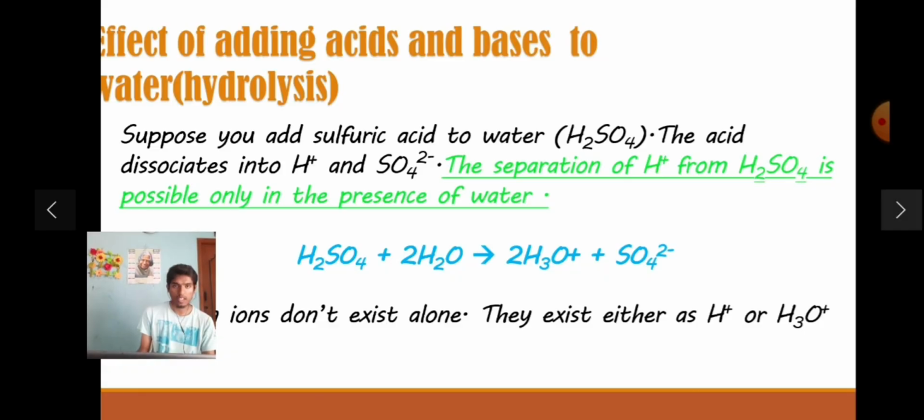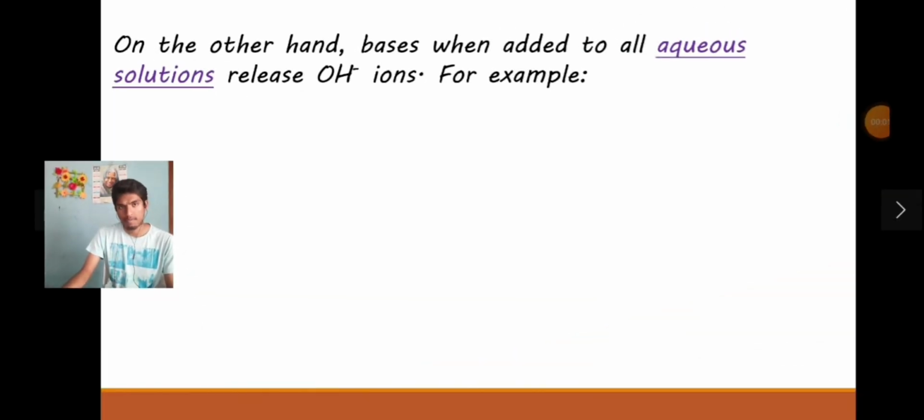Further, moving on, when we add bases to an aqueous solution, we get OH- ions, which are anions. We just learned that by default all acids contain H+ cations and bases contain OH- anions.